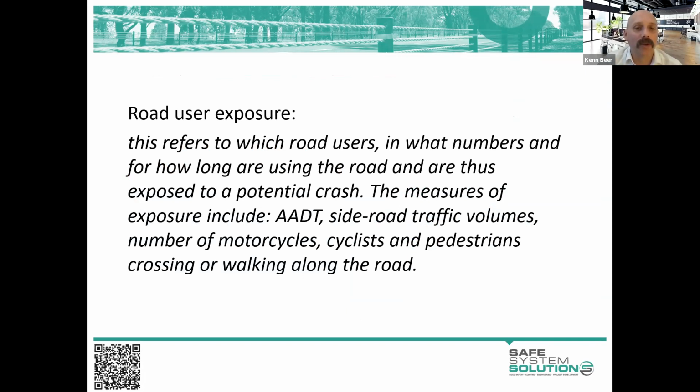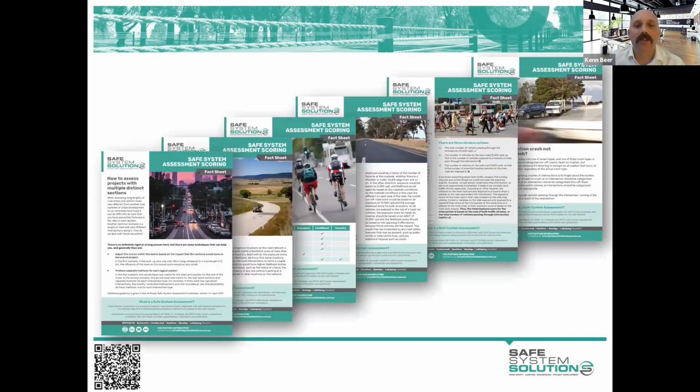The measures of exposure include AADT, side road traffic volume, number of motorcyclists, cyclists and pedestrians crossing or walking along the road. So the key thing here is to just remember you've got to be able to address that to a number. As I said, those fact sheets should be helpful for you in a number of the situations that you find yourself in.